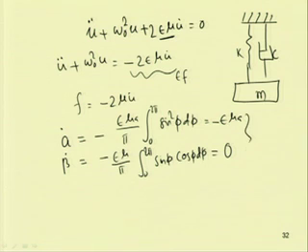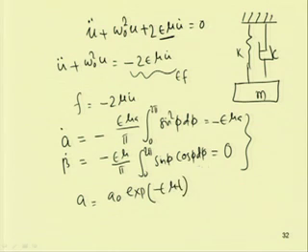So, a dot equal to minus epsilon mu a. One can write a equal to a0 e to the power minus epsilon mu t, and beta dot equal to 0.